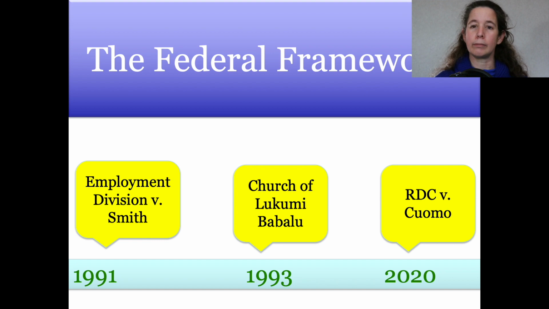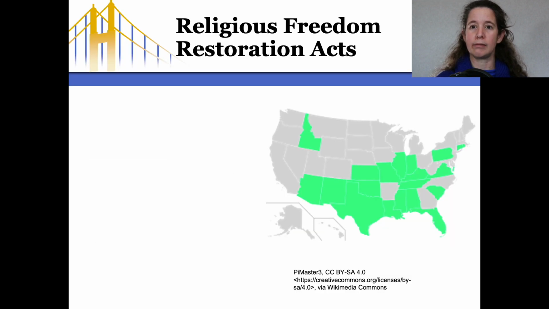I will add that about 20 states have Religious Freedom Restoration Acts that require that any law that burdens religion has to meet the standard of strict scrutiny, which means it has to be for a compelling state interest and the least restrictive means, unless it's giving a religious exemption.